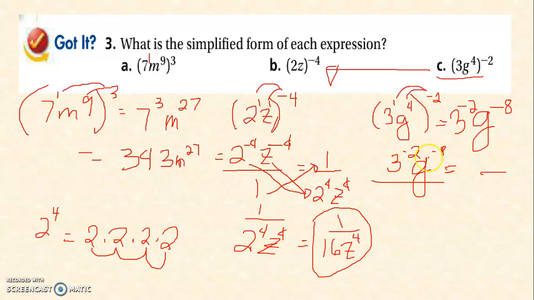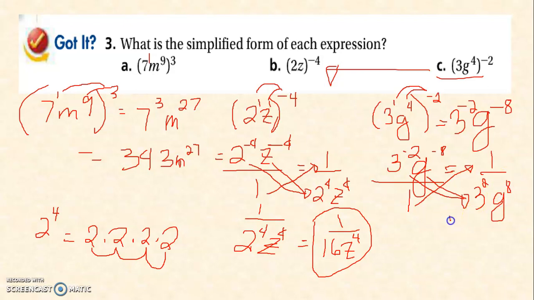The denominator of the expression is 1. So this 1 should be written on top, that is 1. And then your 3 has an exponent which is negative. You need to write it down, making the exponent positive. The same is true with g, which is negative 8, making it positive 8.